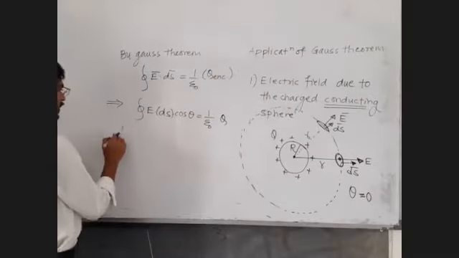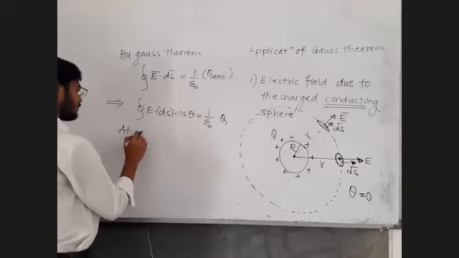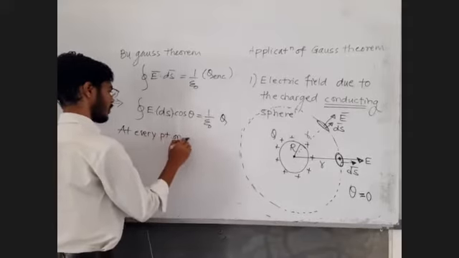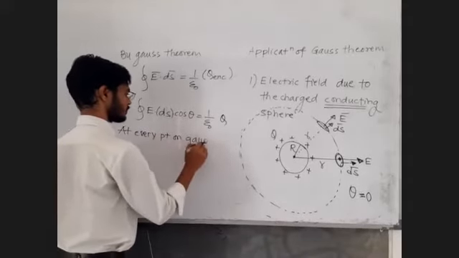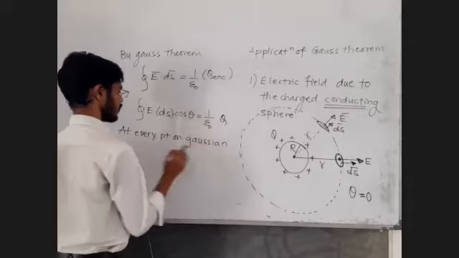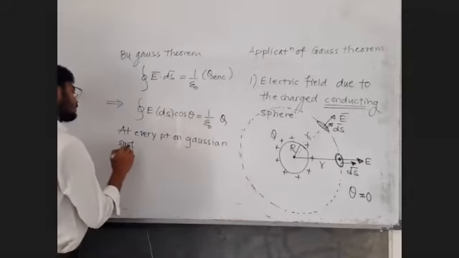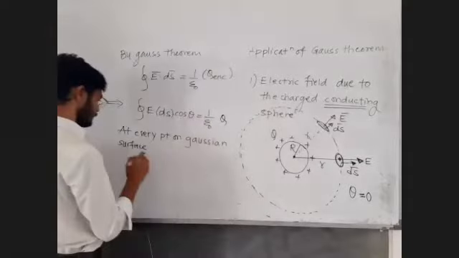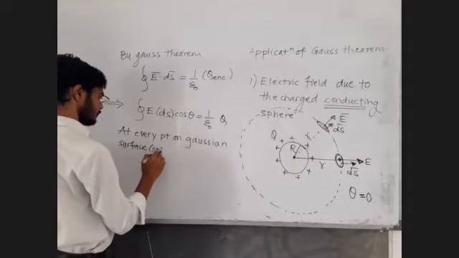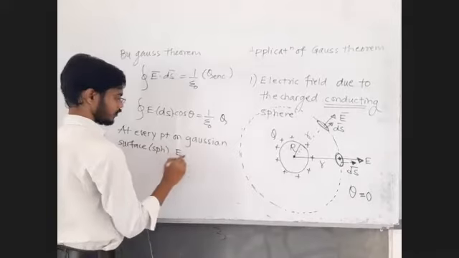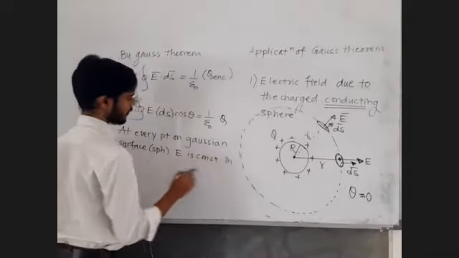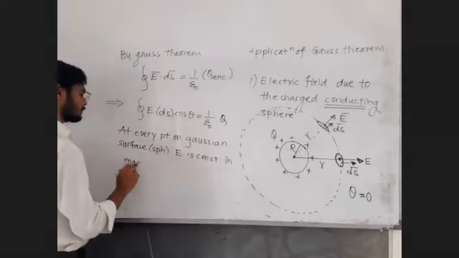Next, at every point on the Gaussian surface, right now the Gaussian surface is a Gaussian sphere, the electric field is constant in magnitude because of symmetry.